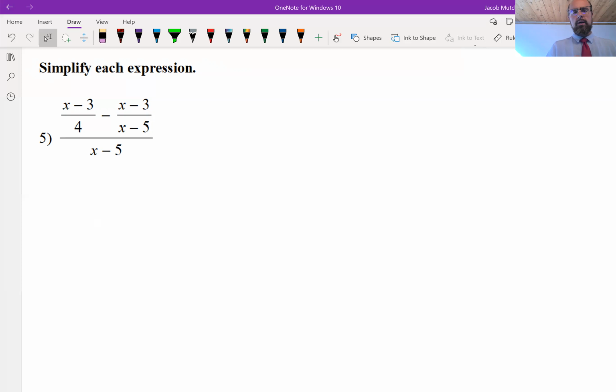To do this, I want to start by combining my fractions in the numerator. So I'm going to rewrite, and I'm going to create a least common denominator. For x minus 3 over 4, I want to multiply that times x minus 5 above and below so that I've got that common denominator 4 times x minus 5.